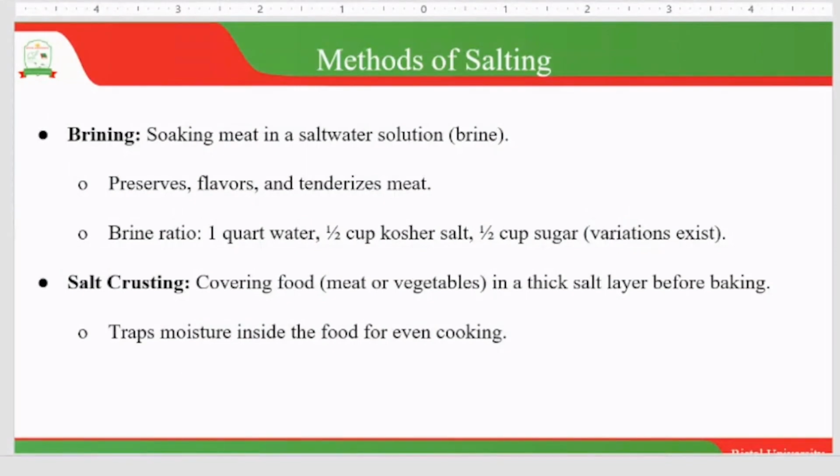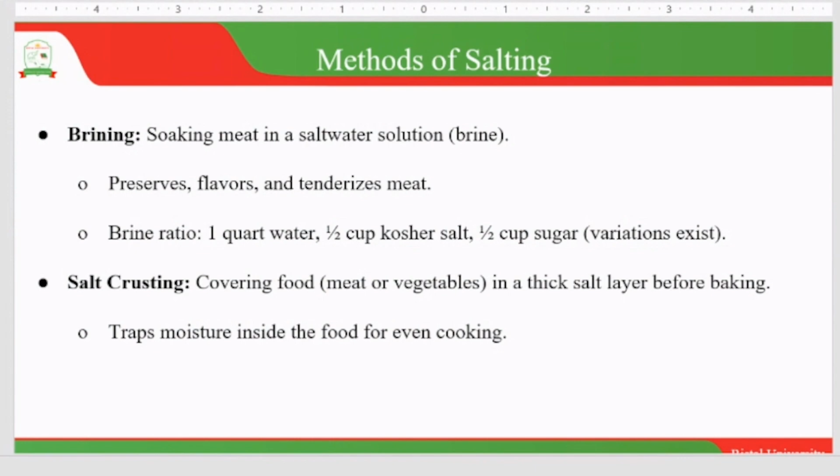And the brine ratio, we are looking at one quart of water, and also half a cup of kosher salt, and half a cup of sugar. And here we are saying variations, like this is dependent on which particular recipe you're using and etc.